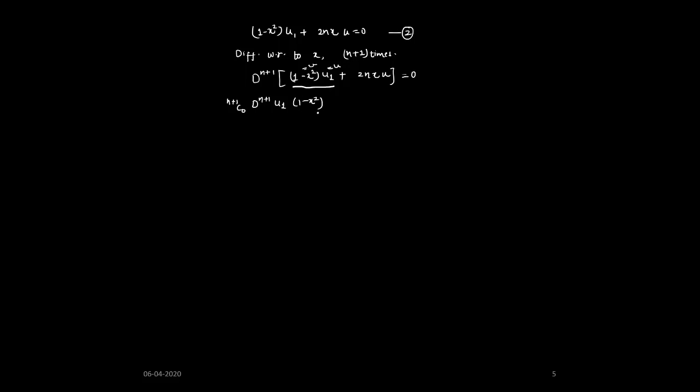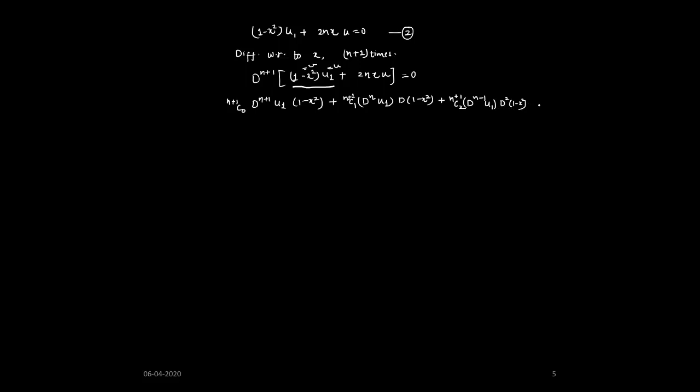This is the first term, plus n plus 1 C1, and here it will be reduced by 1, so it is dn u1 and d of 1 minus x square, and in the next term we have n plus 1 C2 dn minus 1 u1 d square of 1 minus x square.